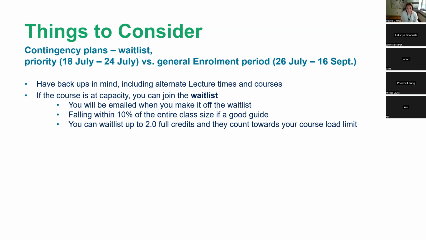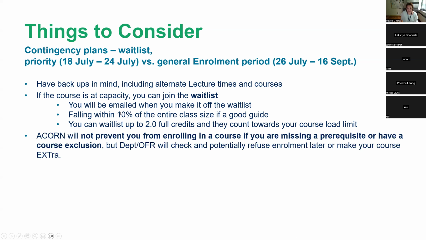You can join the wait list on certain courses, up to 2 full credits. If you are, let's say, within the top 10%, I think you could probably stay in there. But if you are way down the list, more than 10% of the class, then I would say you probably should find another class.